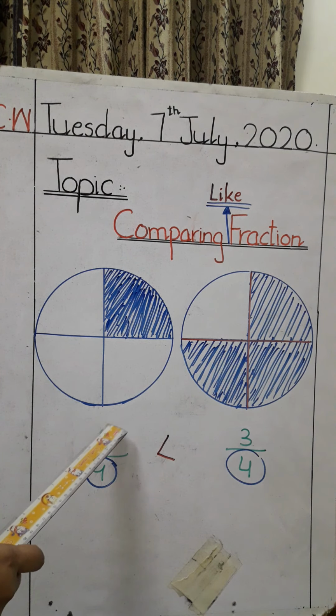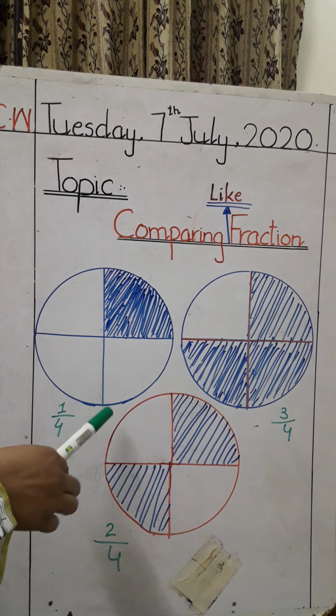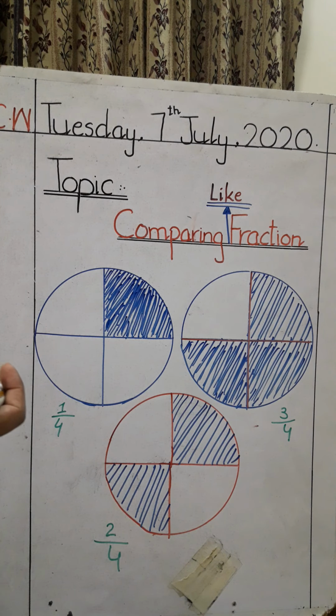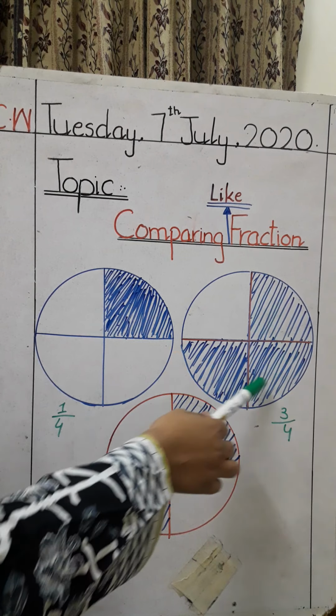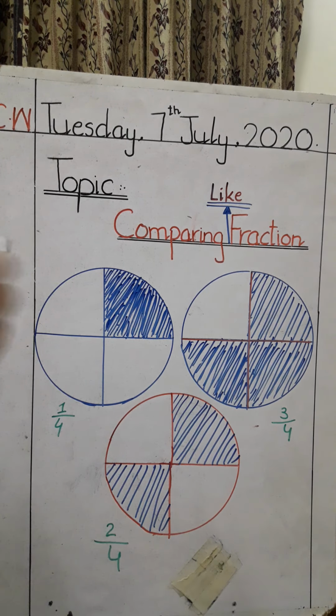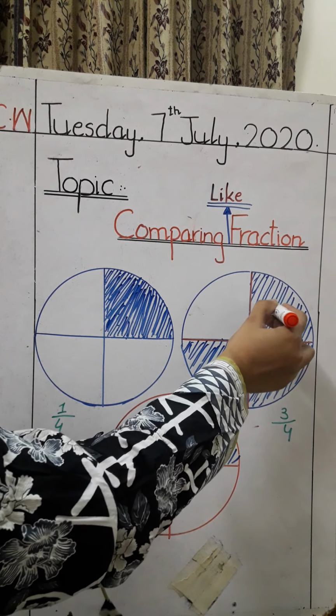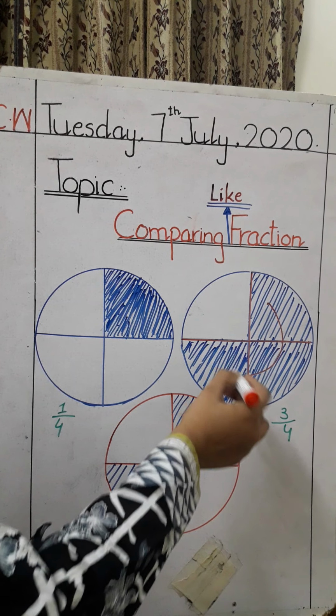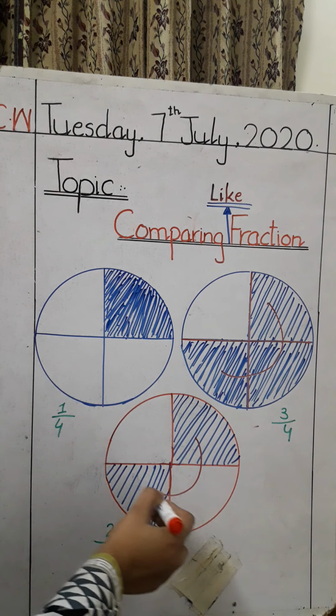So here 1 by 4 means 1 out of 4, 3 by 4 means 3 out of 4, and 2 by 4 means 2 out of 4. As you can clearly see, this area is bigger than this area. You can see 3 by 4, this portion is bigger than this portion.